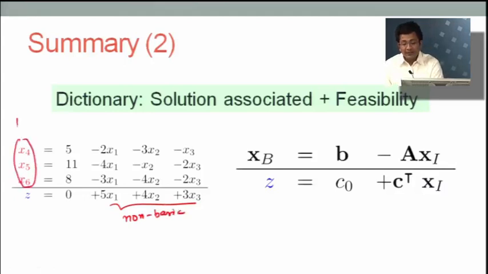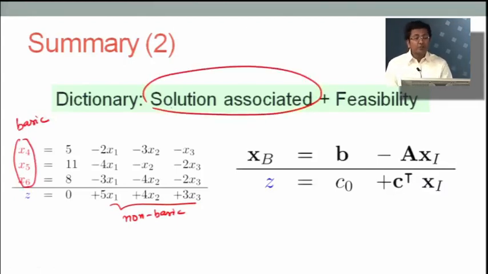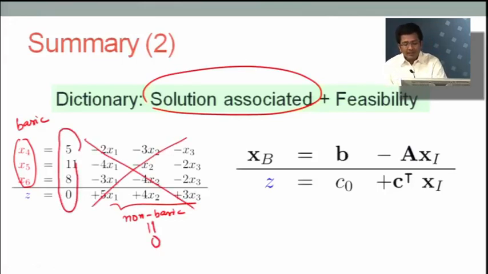These are called basic. Okay? Alright? And every dictionary has a solution associated with it. You read off that solution by setting all non-basic to 0, which means you can ignore this part of the dictionary entirely and read off the solution for the basic variables and the objective by looking at this row or this column.